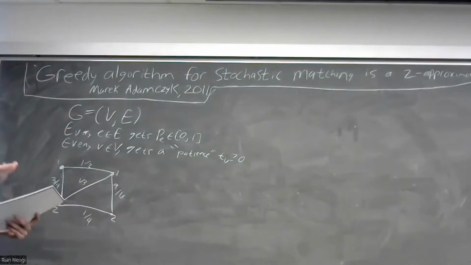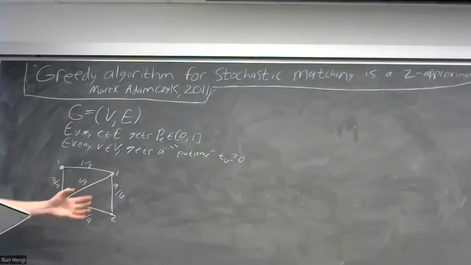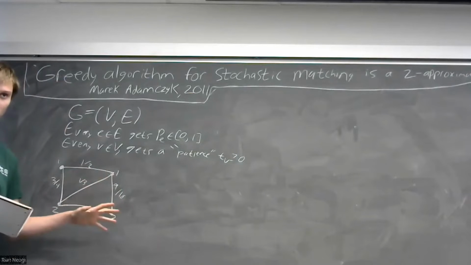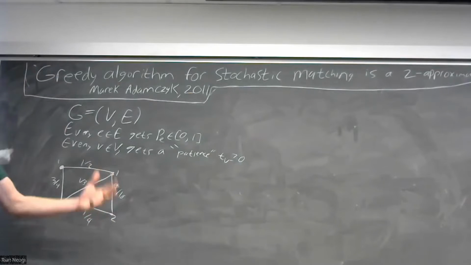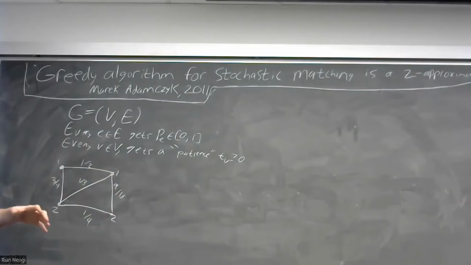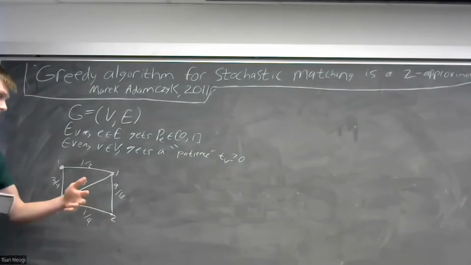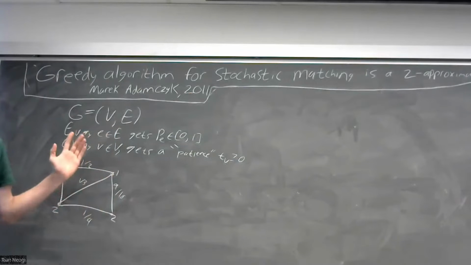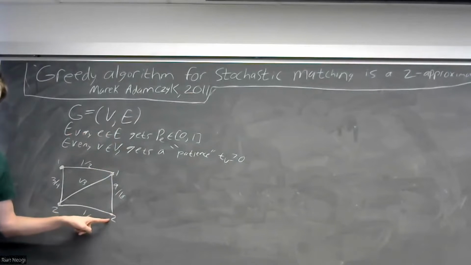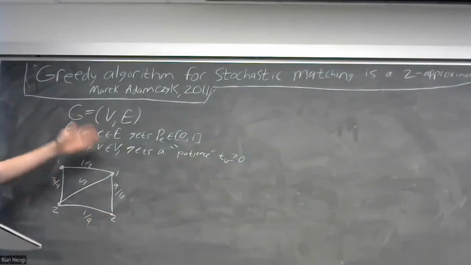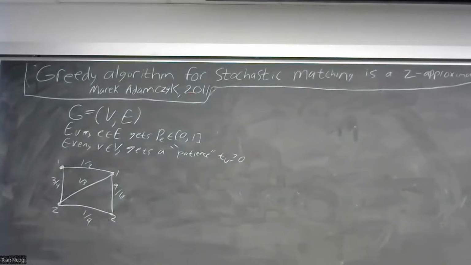And what we do in an iteration is we choose an edge and we probe it. And when we probe it with probability PE, it will exist, and then we're forced to add it to our matching. And with 1 minus PE, it doesn't exist and it just disappears. So we can't probe it again. And the patience values of its endpoints go down by 1 because we used up one of their probes.